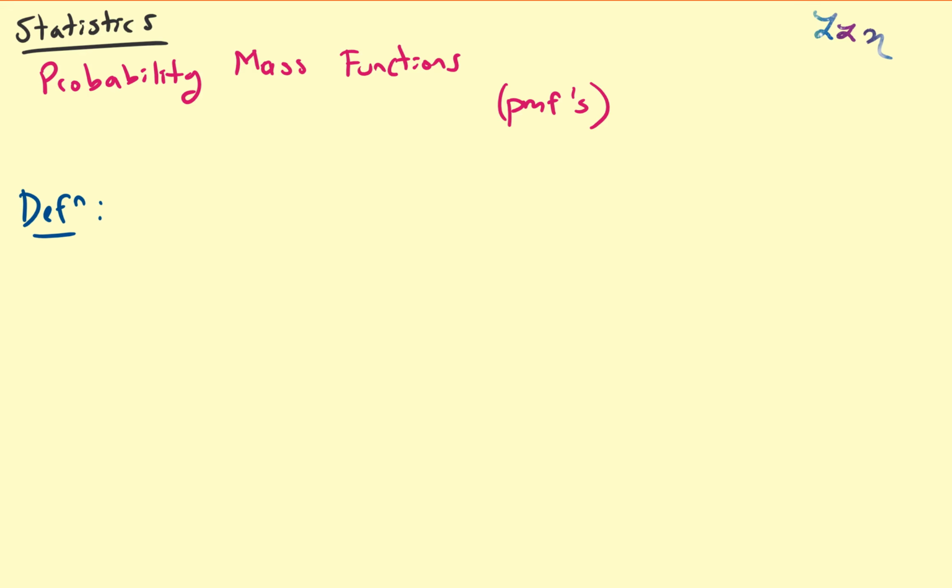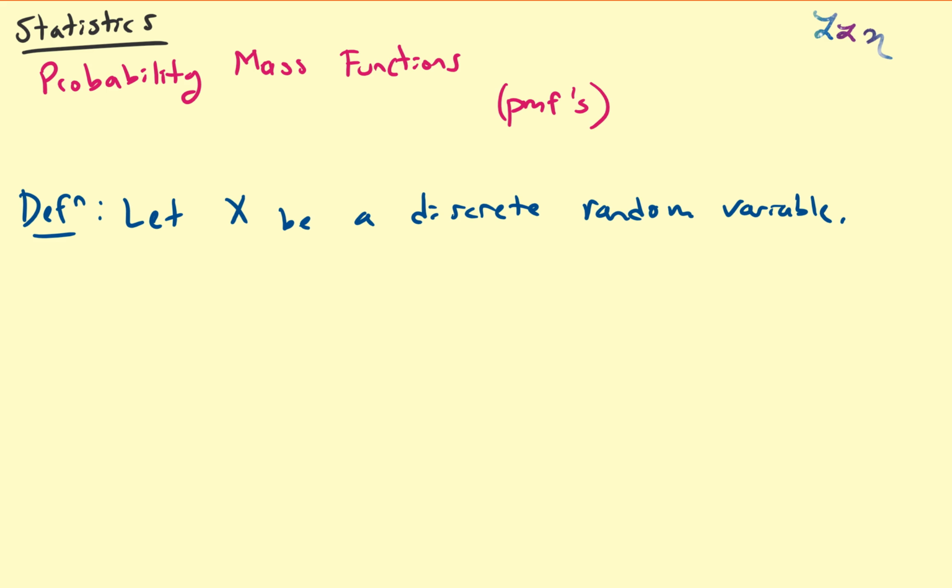So definition. Let x be a discrete random variable. If the variable x is a continuous random variable, that will be what we call a probability density function that is going to be associated to it.